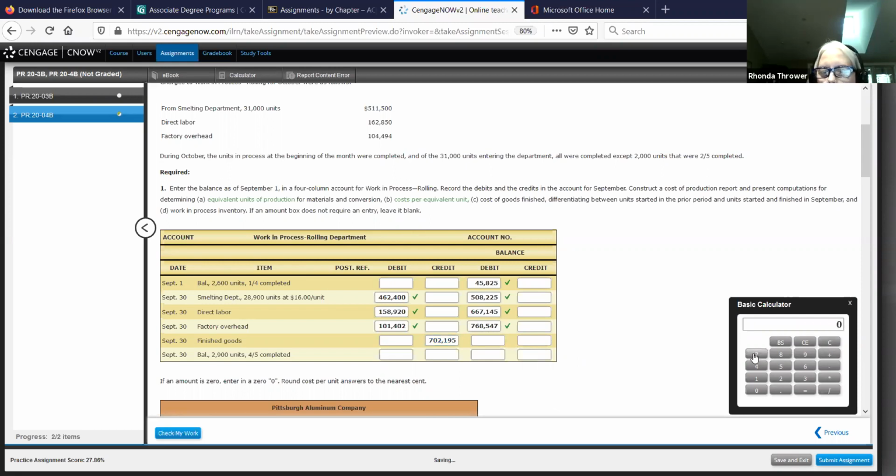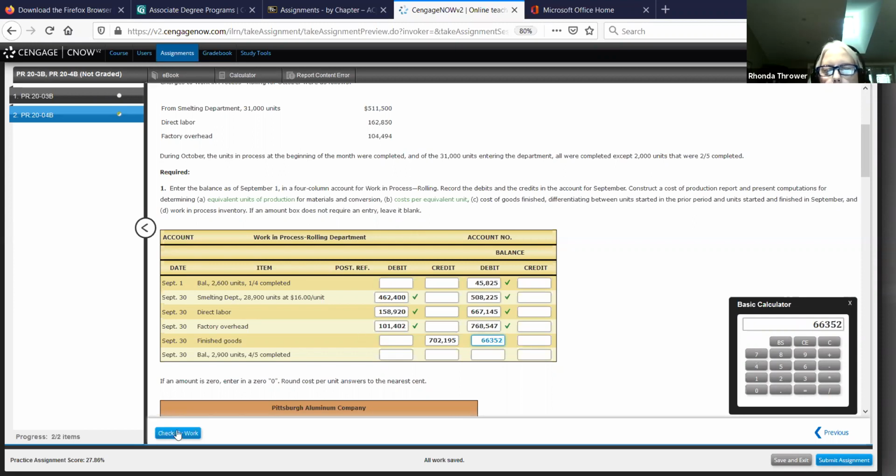So if we took 768,547 and subtracted the 702,195 that we transferred out, what we have left over in ending inventory is 66,352.